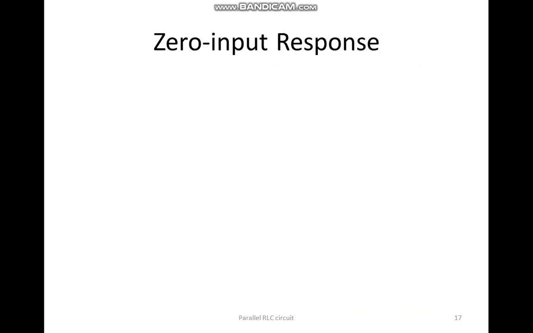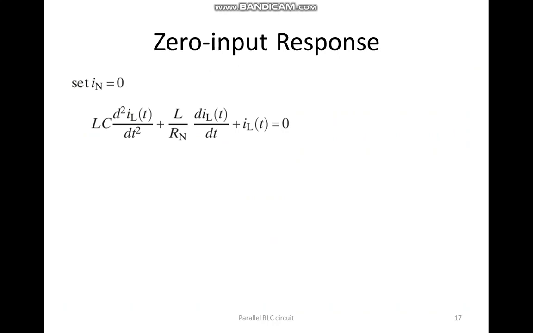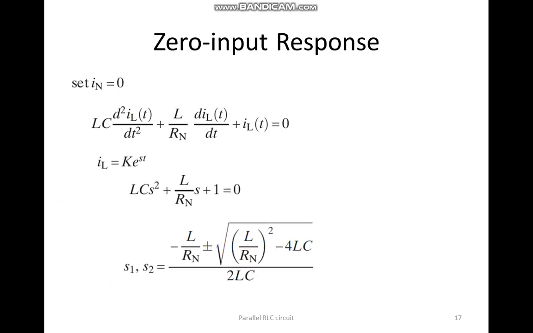In order to obtain a zero input response, we set IN equal to 0. Therefore, we get a second order differential equation of this form. In order to solve such an equation, we again let IL equal to k e raised to the power st and obtain a characteristic equation of this form, as previously done in solving the second order differential equation of the series RLC circuit.